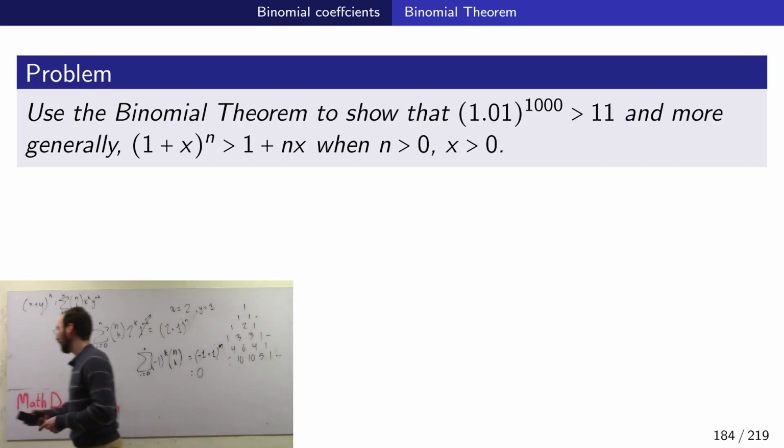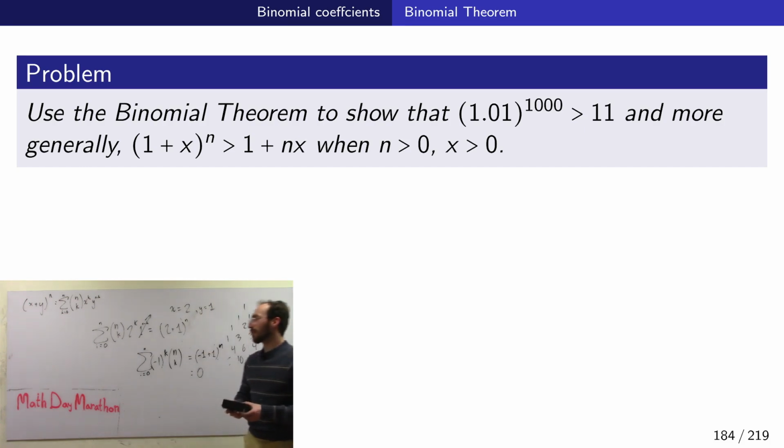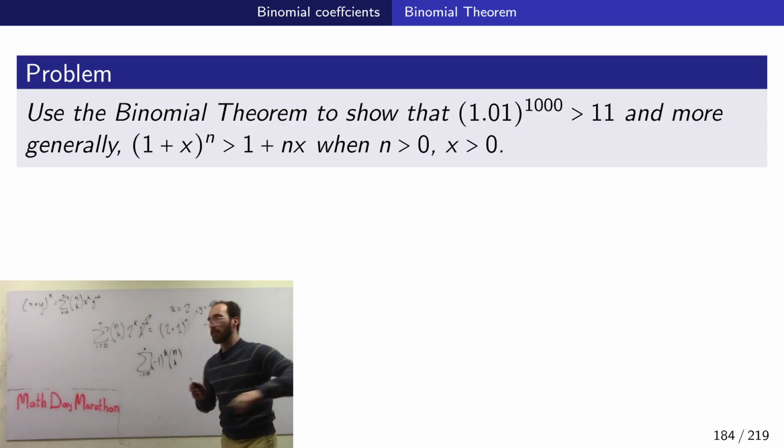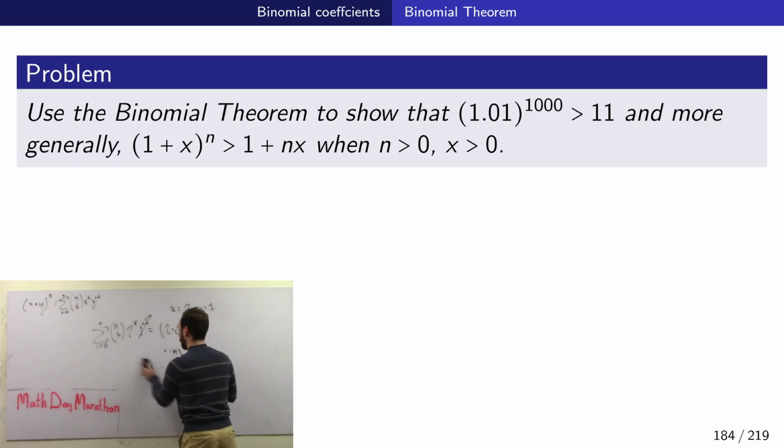We want to use the binomial theorem to show that 1.01 raised to the 1,000 is greater than 11. If you wouldn't mind, Van, could you plug 1.01 to the 1,000 in your calculator?